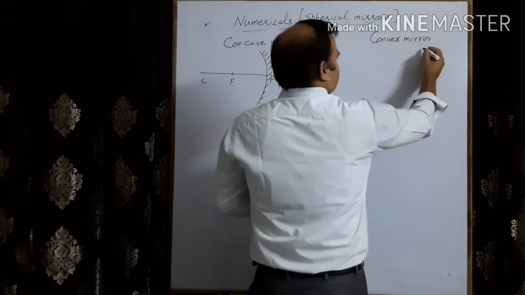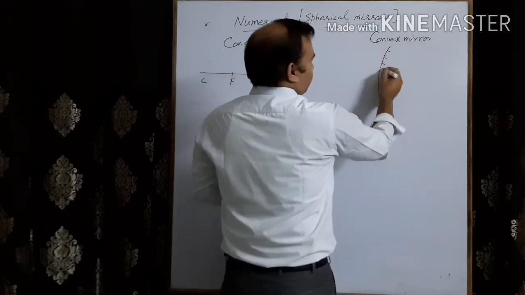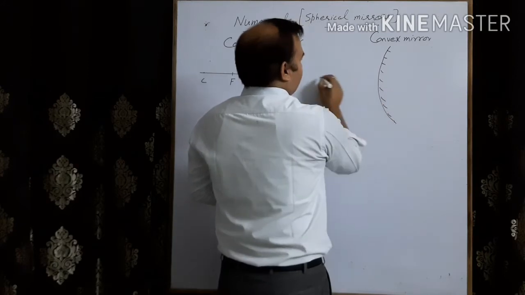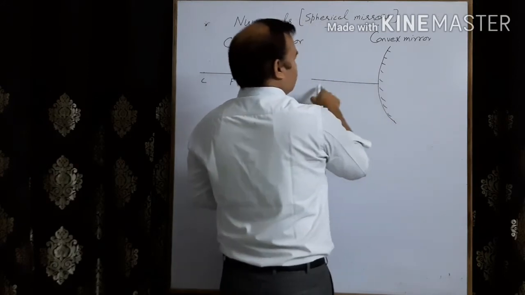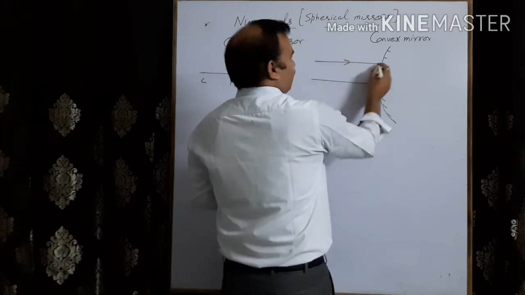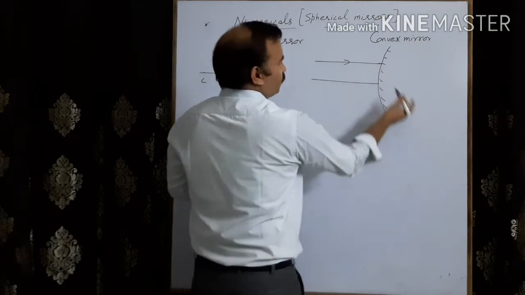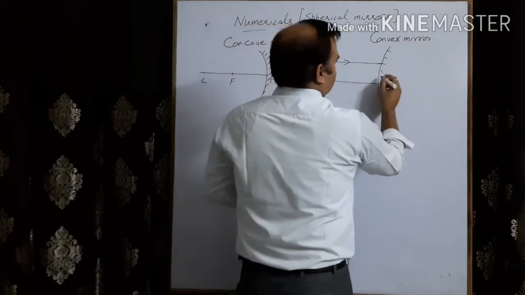For the convex mirror, this side is the polished one. Reflection will take place on this side. An incident parallel ray, after reflection, seems to pass through the focus.